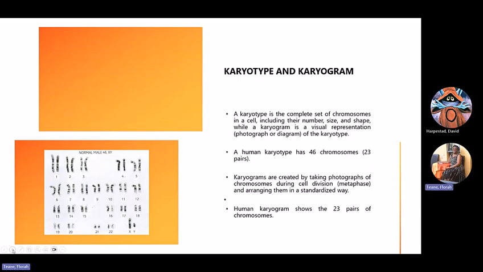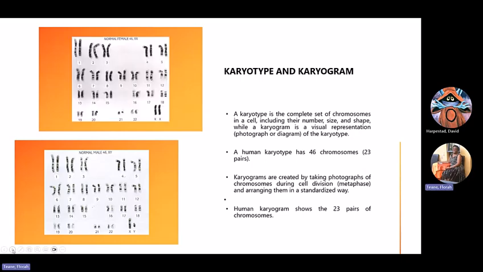This is a photo that shows both of them. If you look at the first one, the top one, it says the normal female karyotype. There are 46 chromosomes. And the one below says normal male karyotype, which is 46 chromosomes.